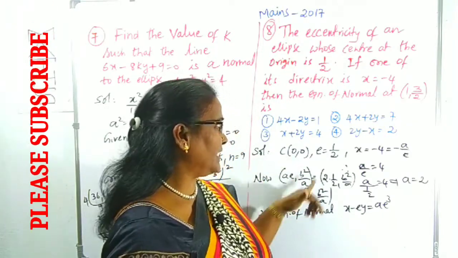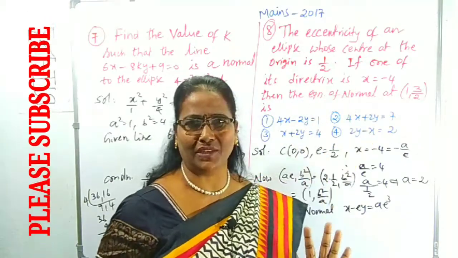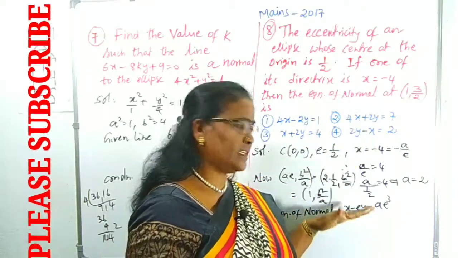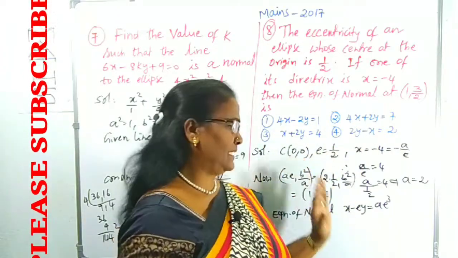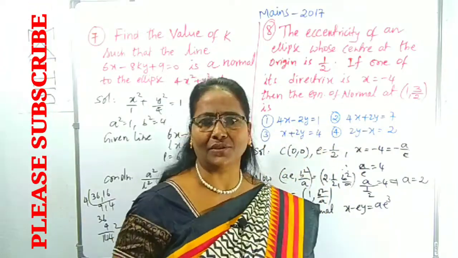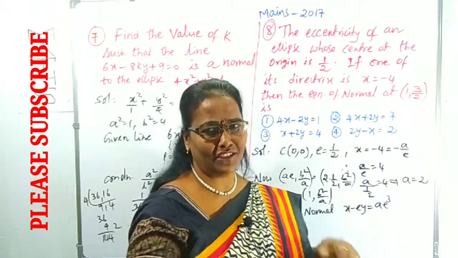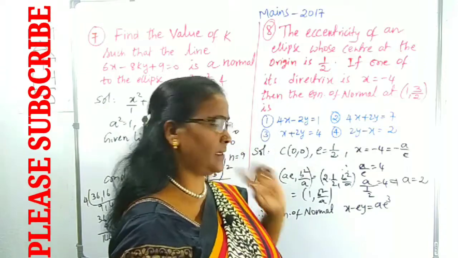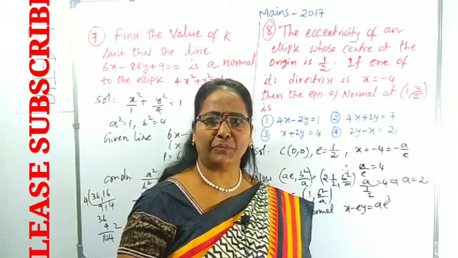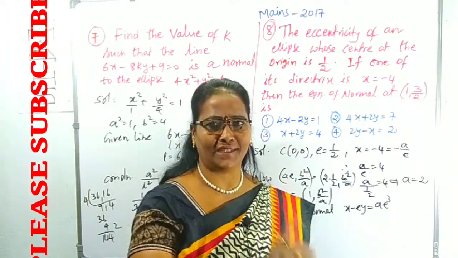Already I verified the x coordinate, no need to worry about the y coordinate. If we get a solution which is there in the options, we can pick it directly. Otherwise, we can find the ellipse equation, then the equation of the normal at the point. But already I checked it: the given point is one end of the latus rectum.